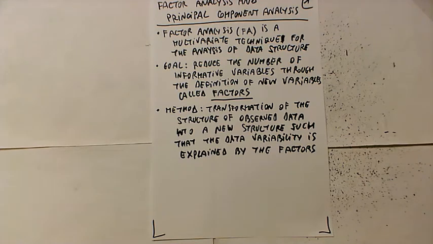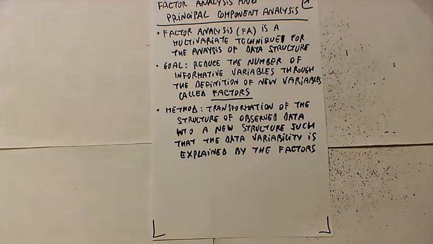So too many. So maybe we can sum up the information and reduce the number of variables in order to simplify the analysis of habits, behaviors and preferences of these persons.